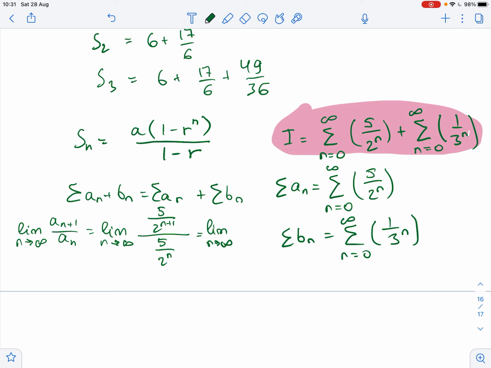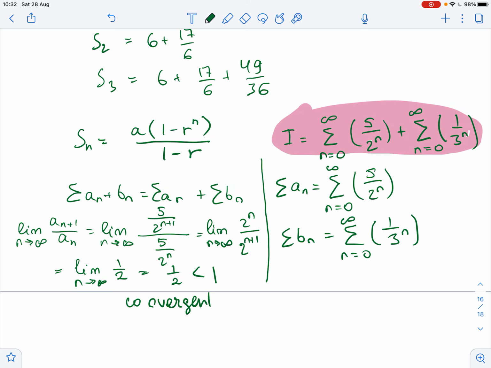This equals the limit of 2 to the power of n over 2 to the power of n plus 1, which equals the limit of 1 over 2 where n approaches infinity. So this equals 1 over 2 and it's less than 1. So since the limit is less than 1, the series is convergent.